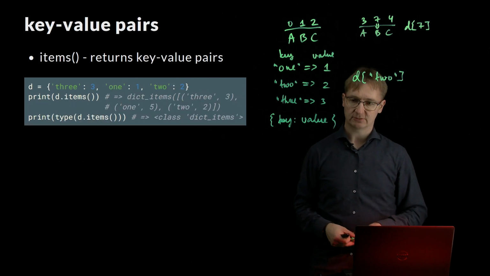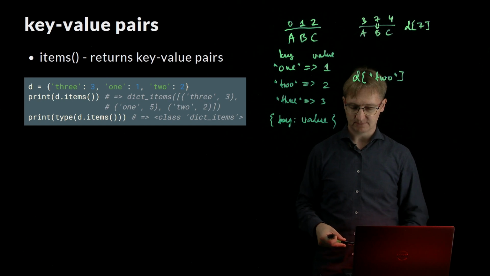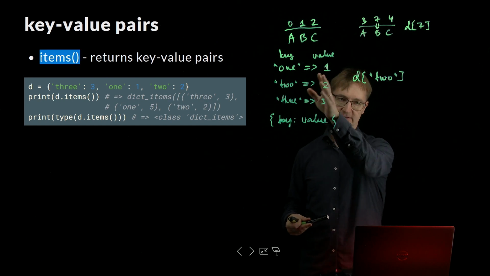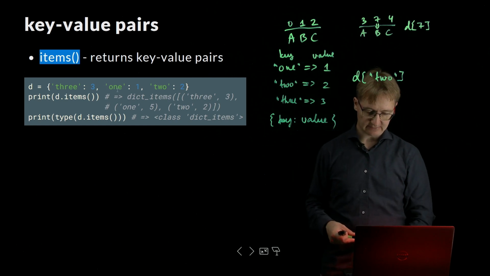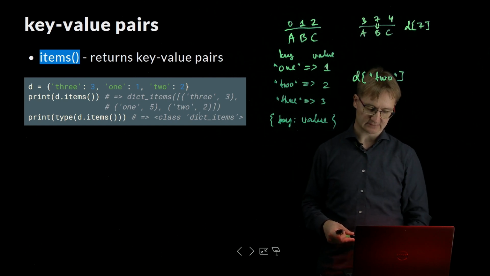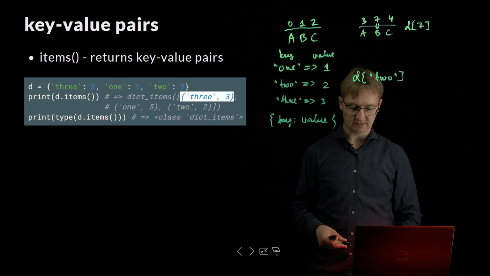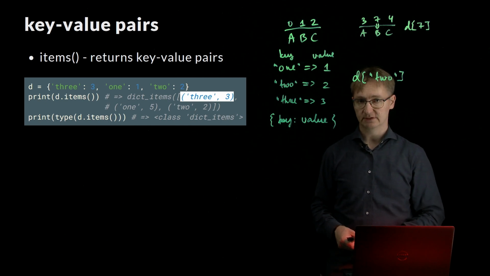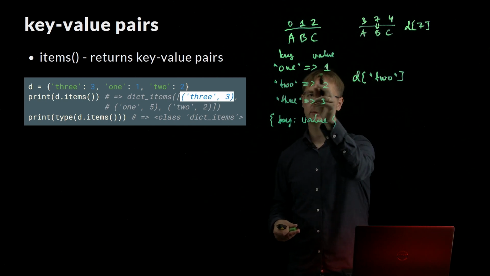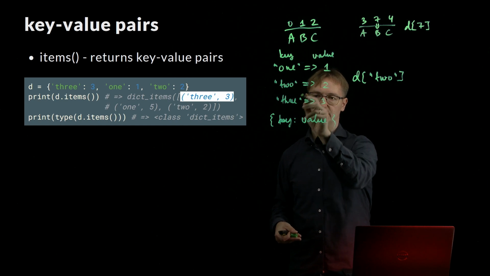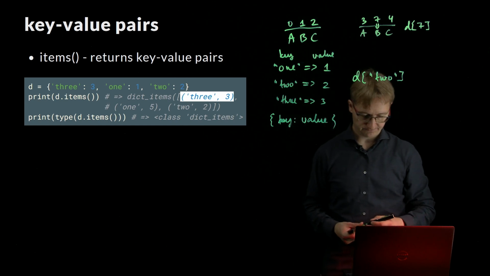And there is also the items method, which gives us the key value pairs. As you can see, this has the data type of dict_items, but the dict_items contains tuples. So this one is one tuple, this is the second tuple, and this is the third tuple.